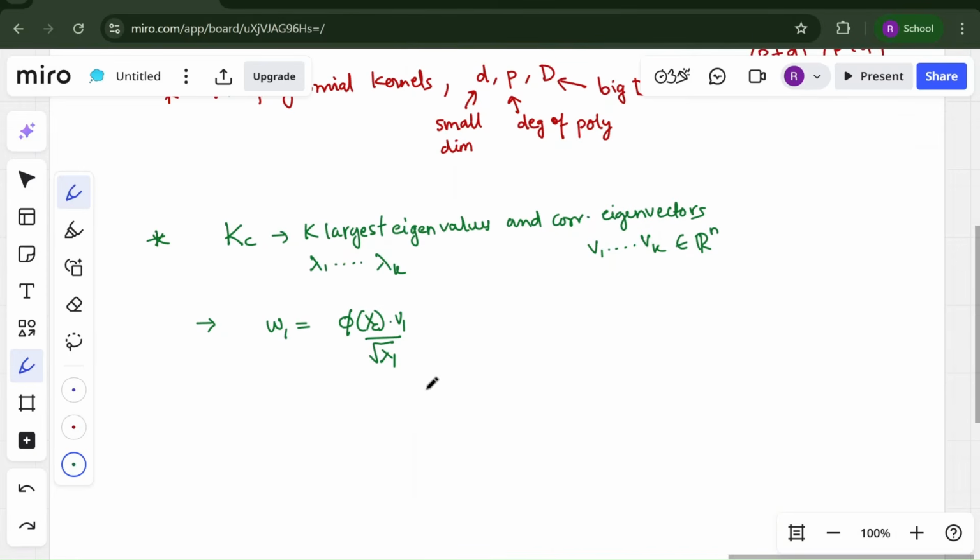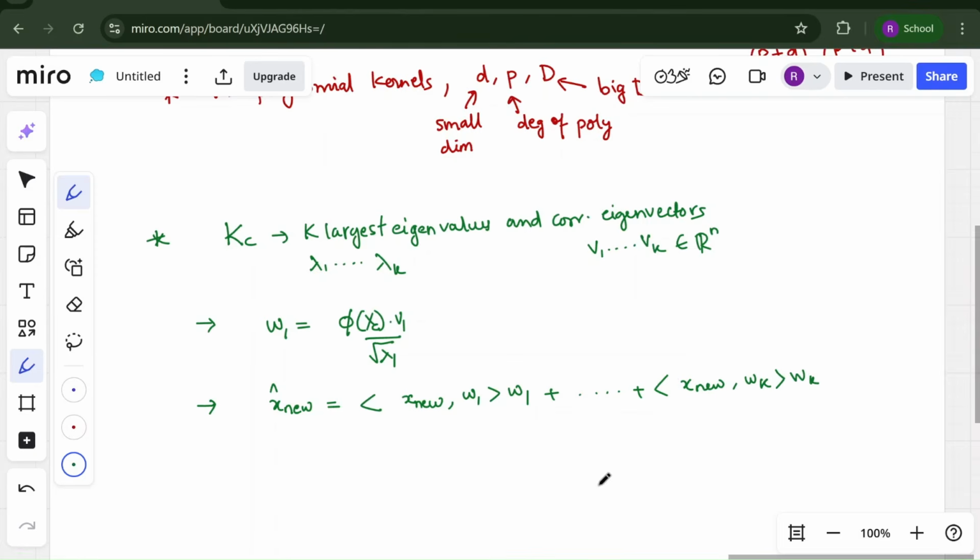Now let me do the previous thing. If I have a new data point x new, how do I compute its representation? In the previous one we had x new inner product with w1 times w1, plus and so on, x new inner product with wk times wk.